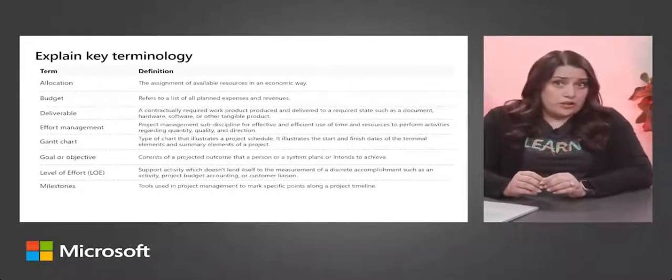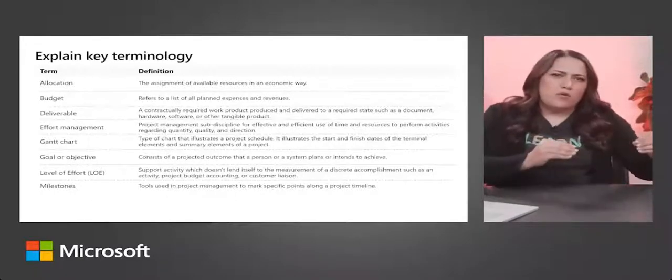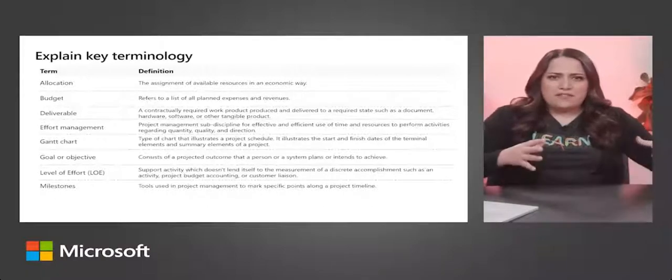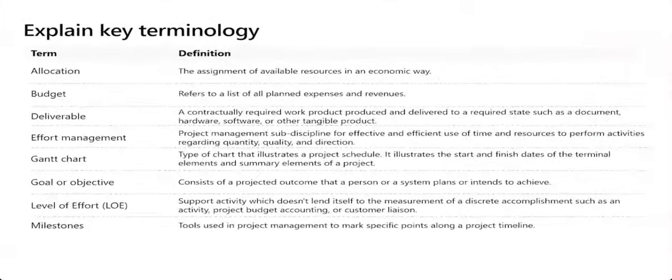Now, in order to reach that goal, you're likely going to need to set a series of mini goals, and we call these milestones. This is what we use as kind of like our timeline in order to track our progress. And the way we track all of these mini milestones is what we call a Gantt chart. It's kind of like a visual tool to see all of the different milestones and the start and end date for each of them.